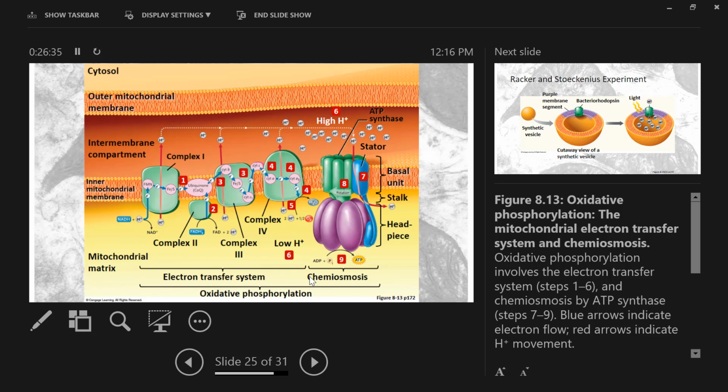They're just relative position. It's a little bit confusing. So relative position, not energy level. This drop here from this cytochrome inside of complex 4 down to oxygen is a huge drop in energy. And what do you know about huge drops in energy? They release a lot of energy.